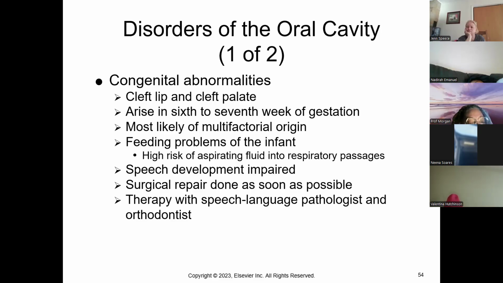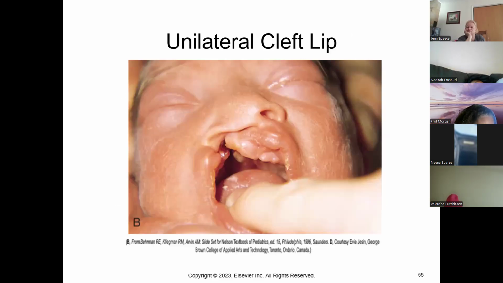It also can affect their speech. They're going to need some sort of surgery and also plastic surgery, probably. All right, so that's just a picture of it.